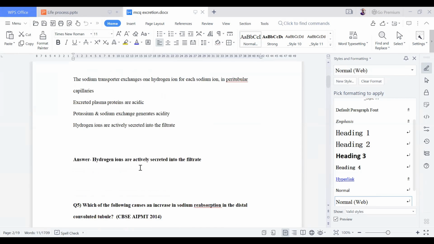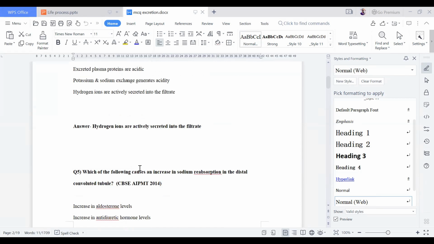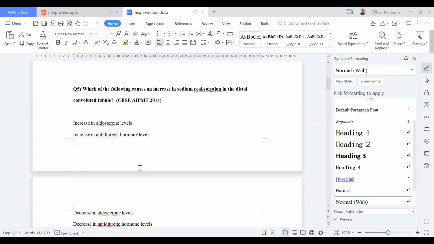Okay, next question. Which of the following causes an increase in sodium reabsorption in DCT? Increase in aldosterone levels, increase in antidiuretic hormone levels, decrease in aldosterone levels, decrease in antidiuretic hormone levels.